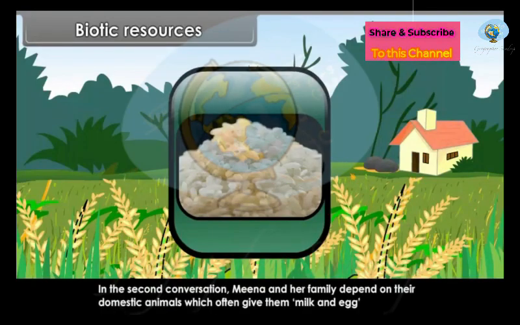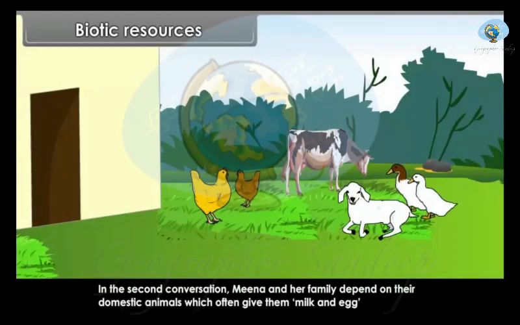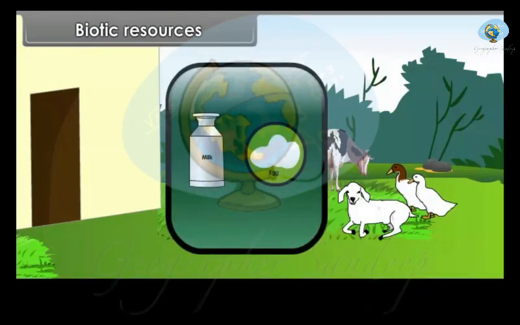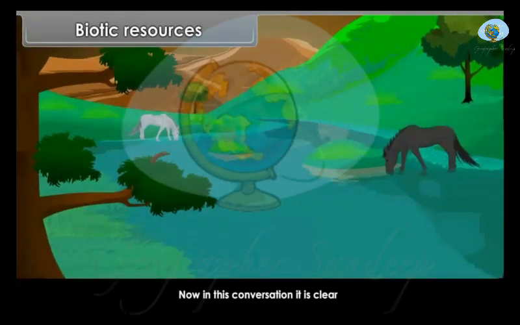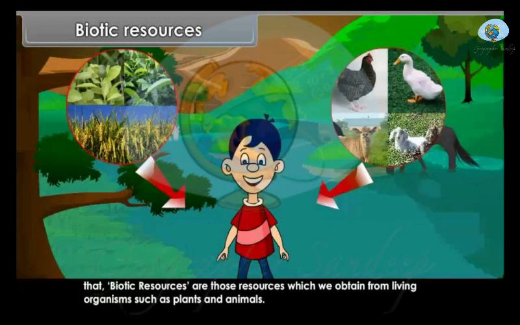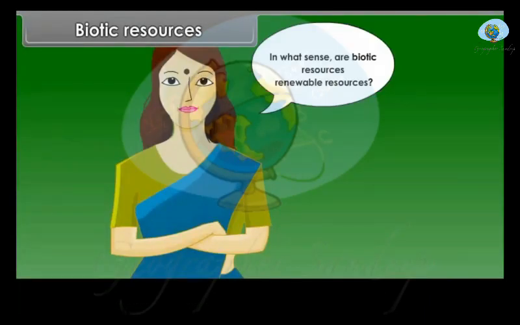In the second conversation, Meena and her family depend on their domestic animals, which often give them milk and egg, by which they can satisfy their wants. Now, in this conversation, it is clear that biotic resources are those resources which we obtain from living organisms such as plants and animals.